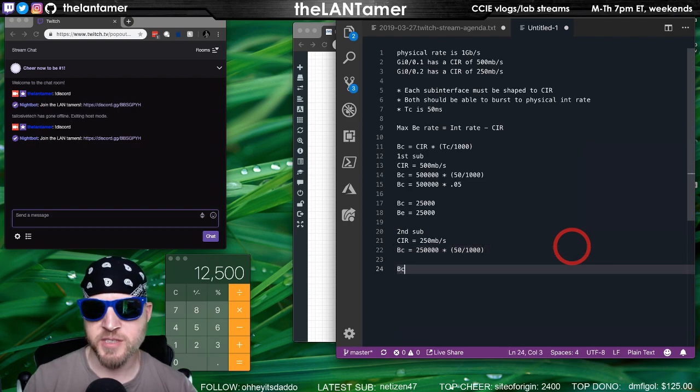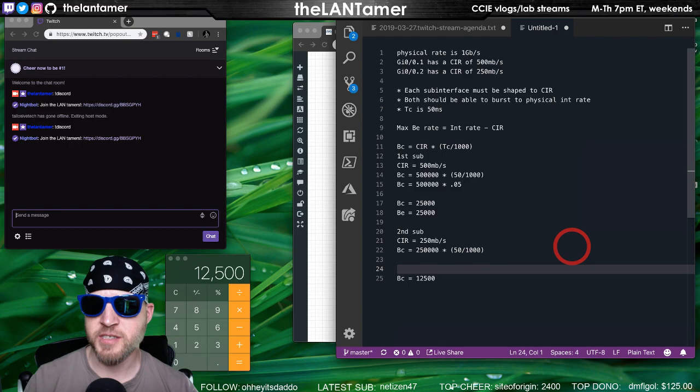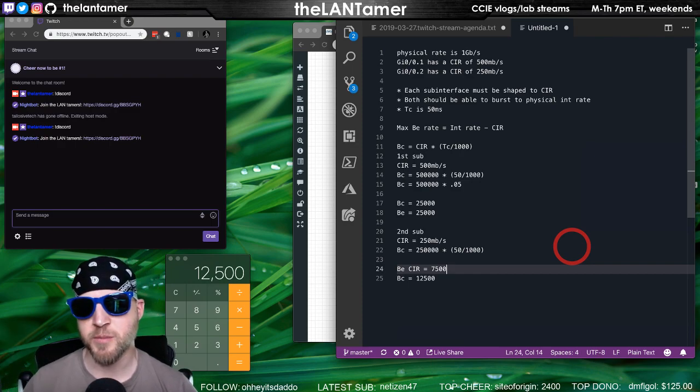Makes sense, half, right? BC equals 12,500 bits for every 50 milliseconds. And in this case, the BE CIR, we'll just call it that, is going to be 1 gigabit minus 250 megabits.